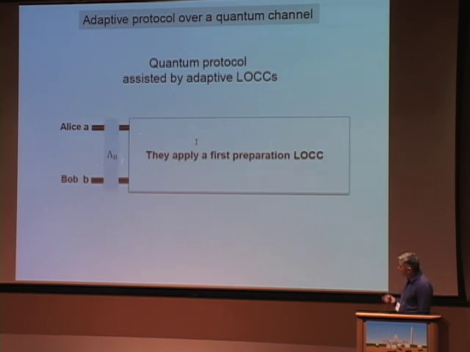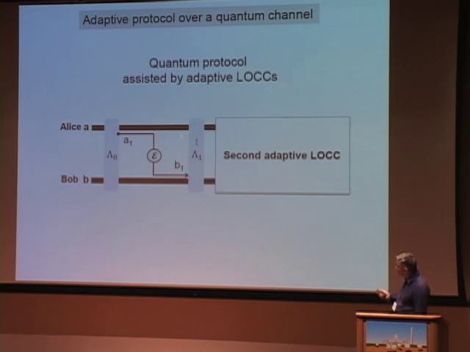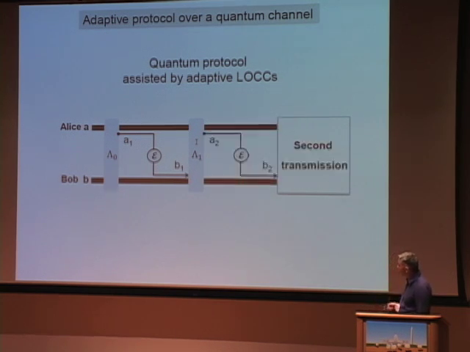Then they apply a first preparation LOCC to prepare the input to the channel. There is the first transmission through the channel, so Alice picks a system which is sent through the channel, and Bob gets an output. Then there is another LOCC among all the register systems, of course also involving the output.